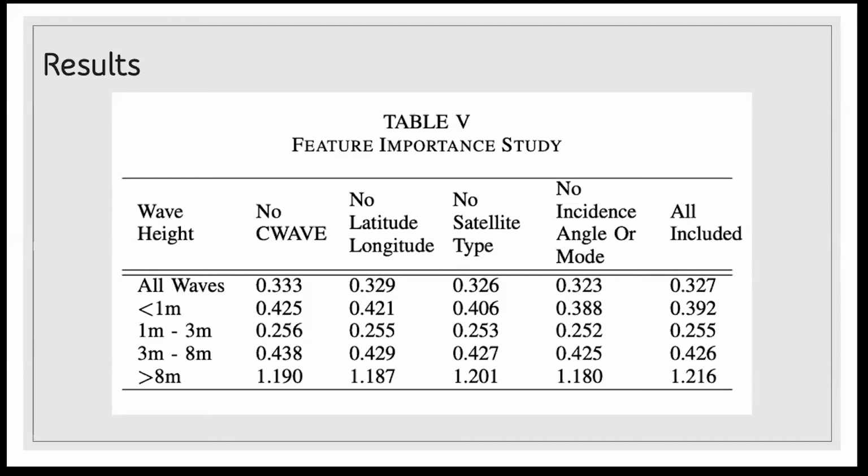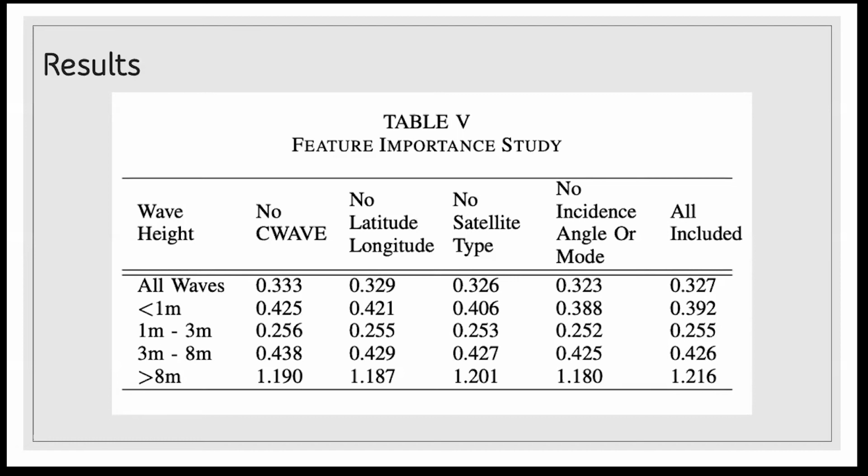We see that when removing latitude and longitude, we have a slight difference, but this can be partially attributed to noise. But also we can see that there's not much of a difference. So our model is able to extract whatever information is provided by location, geographical data, from the image itself.